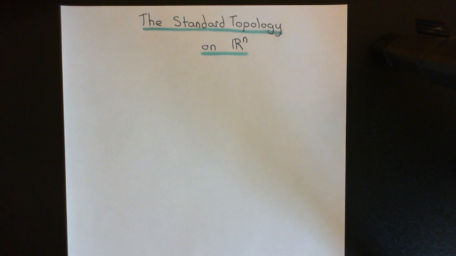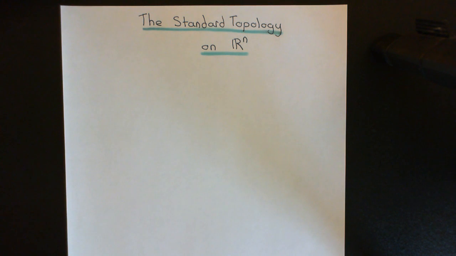In this video, what we're going to talk about is what is meant by the standard topology on the set Rn. The structure for this video: I'm going to start off by reminding you of the definition of a topological space. I'm also going to remind you of the informal intuition for what a topology is actually doing.